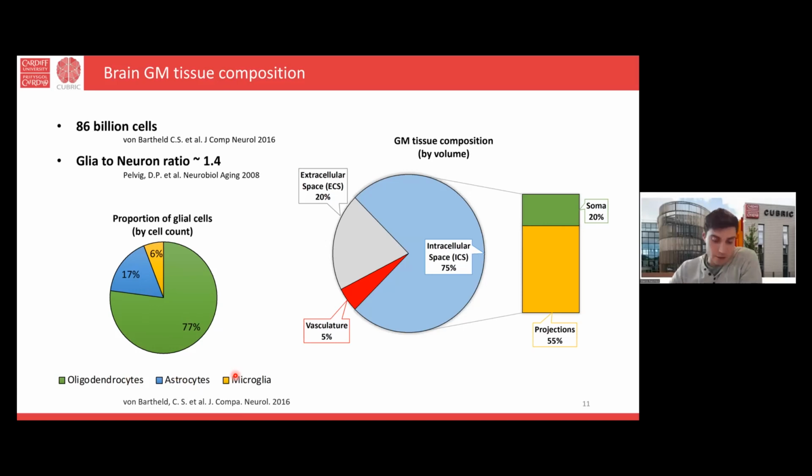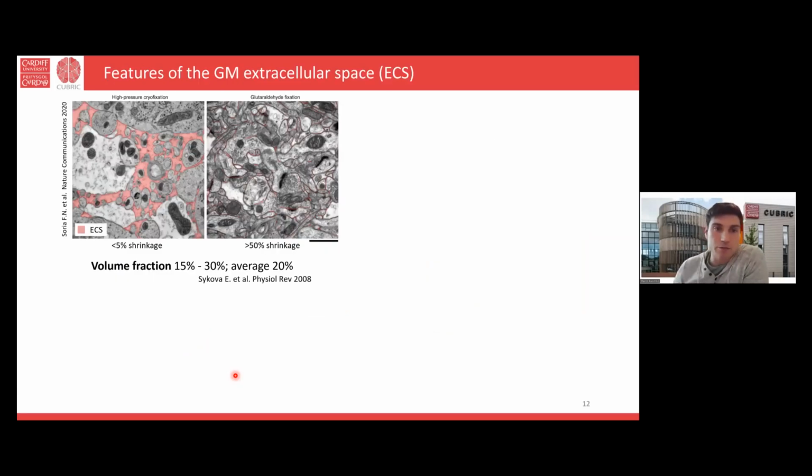So if we look at the extracellular space, it is a very tortuous space, as you can see in this image, and it is extremely challenging to assess. So far, electron microscopy techniques have shown us images like the one here, where the extracellular space is so tiny and tight around the cells to make us think it's mostly negligible.